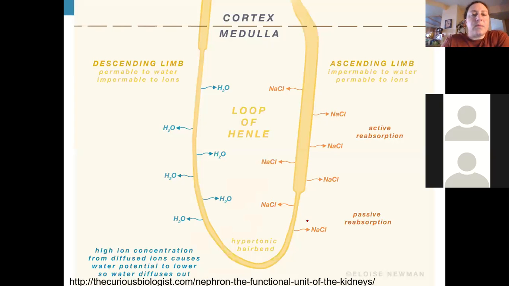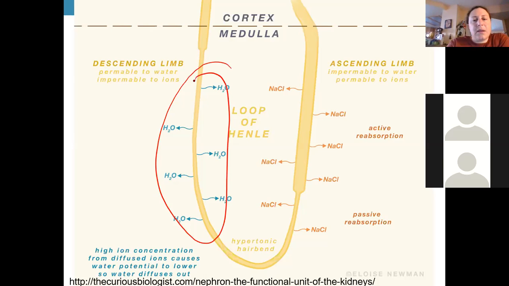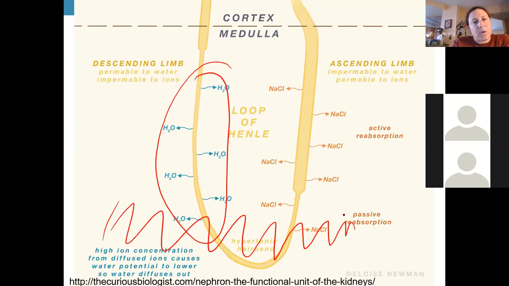Here is a diagram showing you how water can exit the descending limb but cannot move through the ascending limb. So what happens is that the medulla has lots and lots of solutes in the extracellular fluid down here. So the water is going to move by osmosis out of the tube. And as it does that, we have more and more solute inside the tube, right?